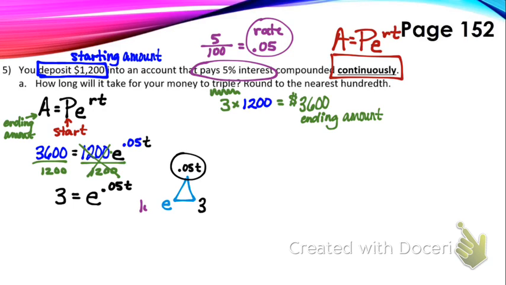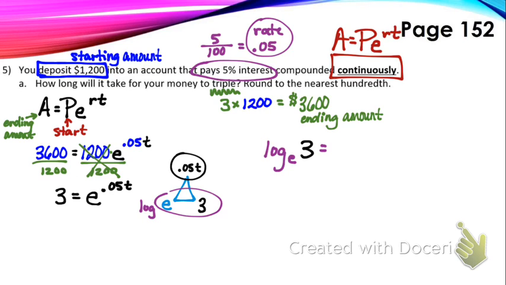So now I'm going to write my log using these pieces. I'm going to have log base e of my argument. What's my argument? 3 is equal to my exponent.